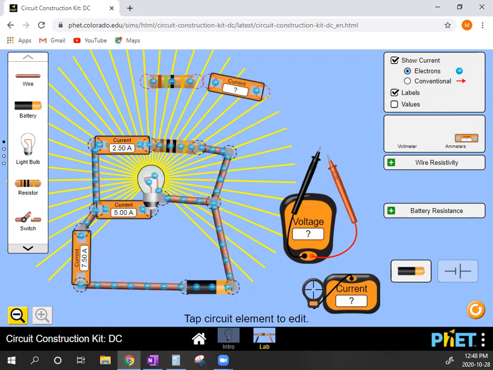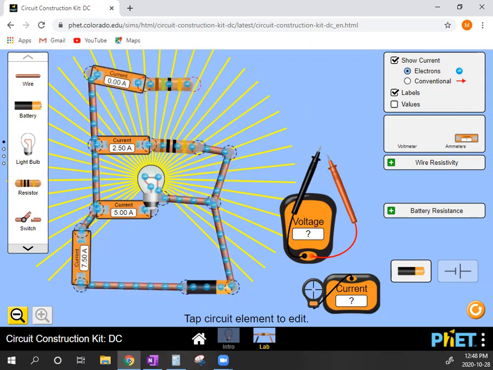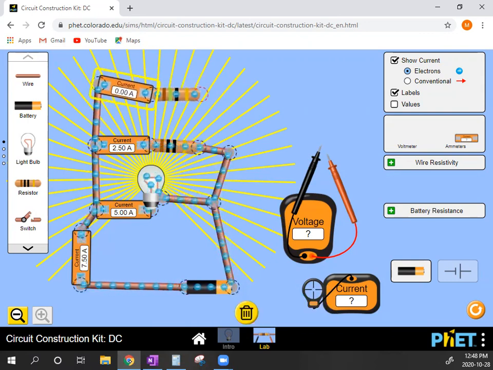Okay, now let's get some more wire. Finish this off. Let's put our meter over here to be consistent. And now I'll need another wire. Let's just go like this. Oh no, let's make it nice. So I'll put another wire like this. All right, so there's my parallel circuit.